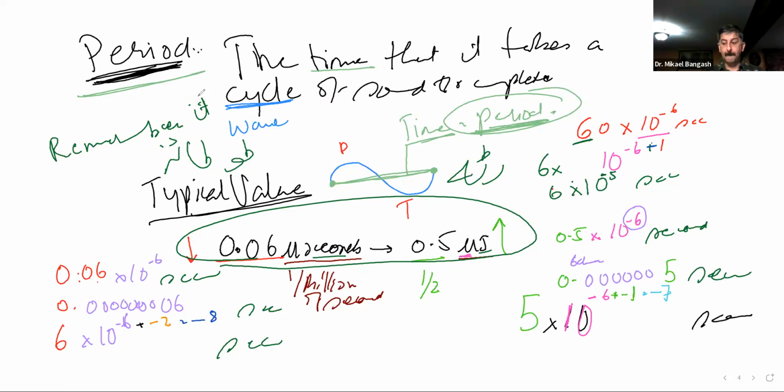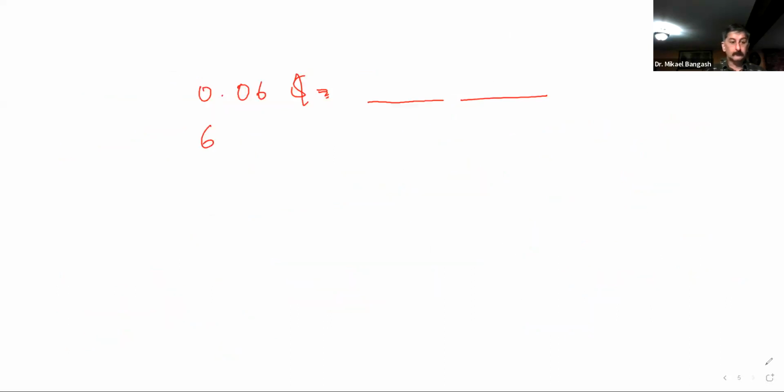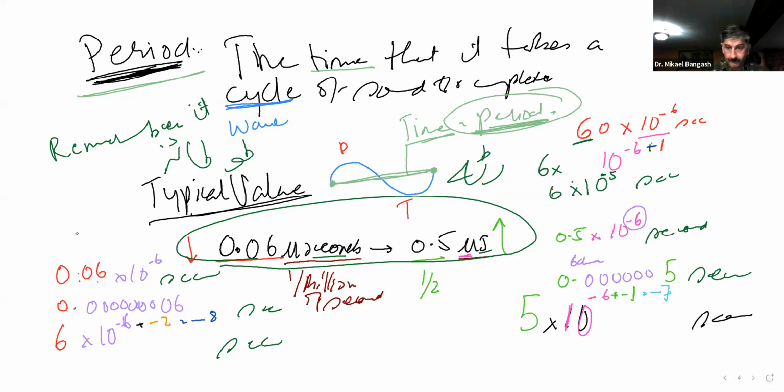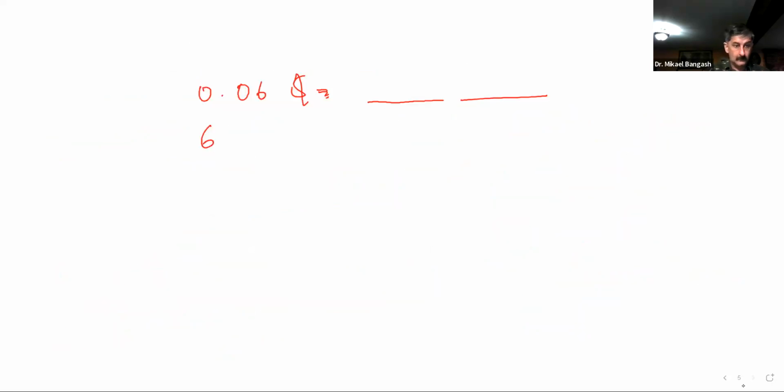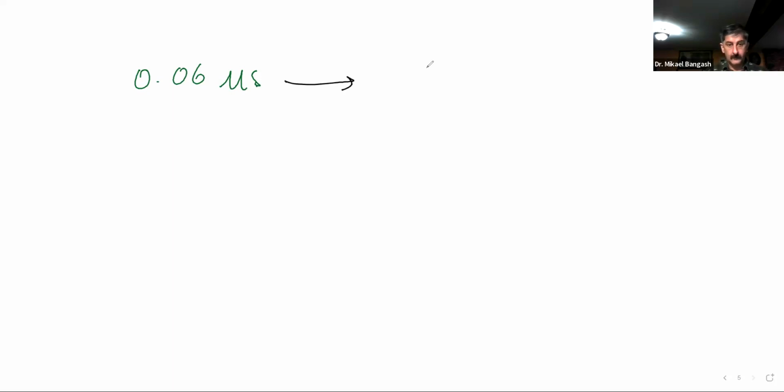Where did you go, from 0.06 microseconds to 0.5 microseconds?